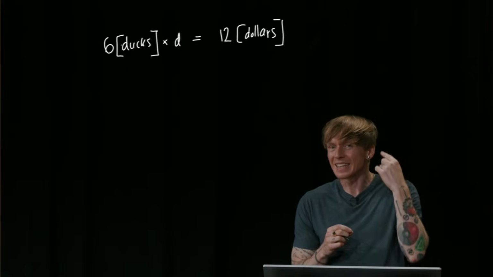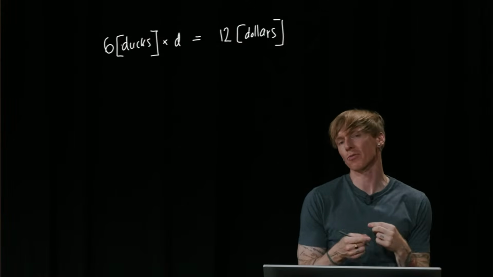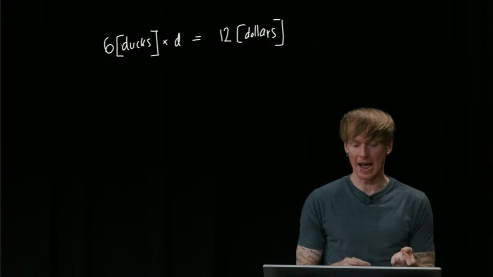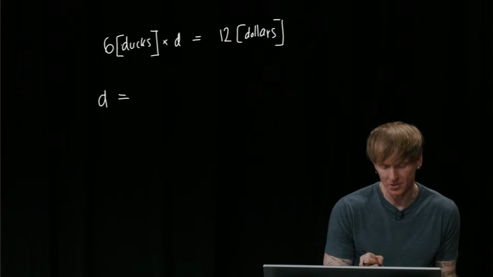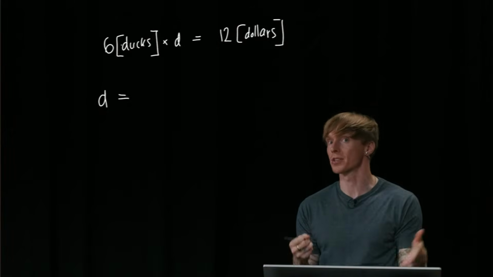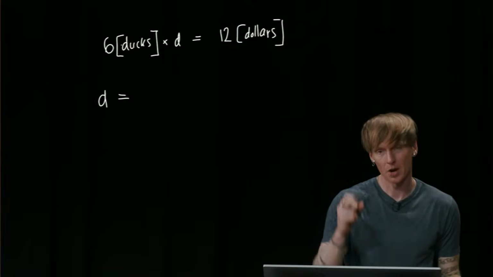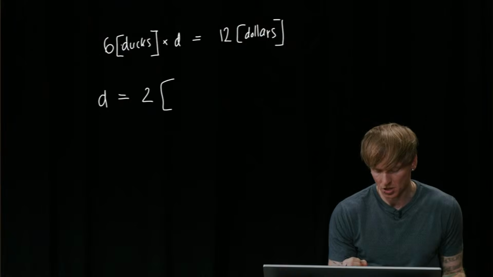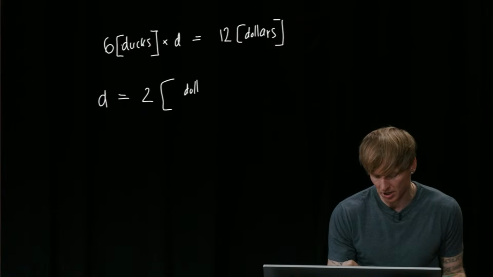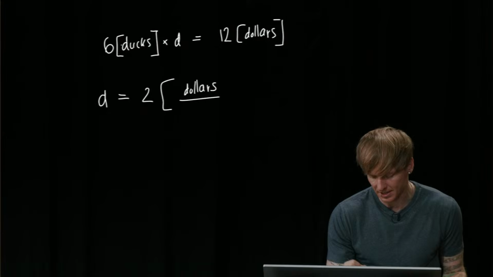Because now we can carefully work through and see what units d has. So what I mean by that is if we divide both sides by 6 ducks, remembering to take the units across, we get 12 over 6, so we get 2. And then the units we're left with are dollars divided by ducks.